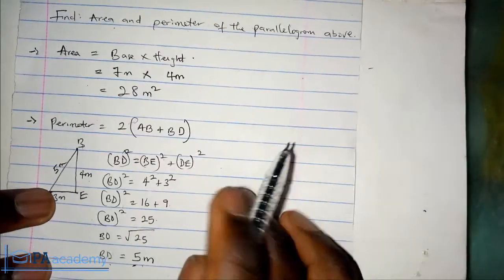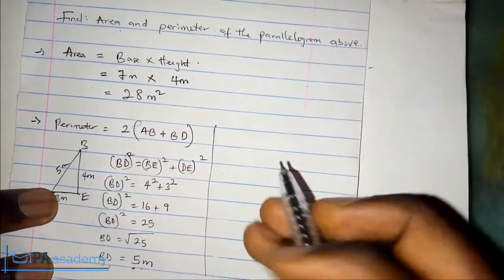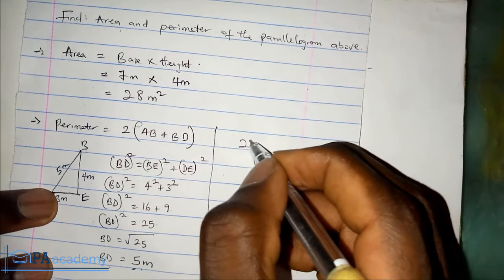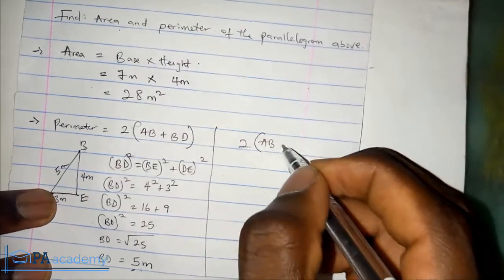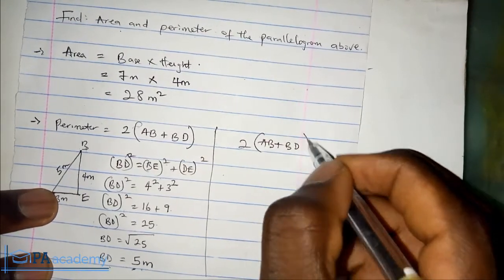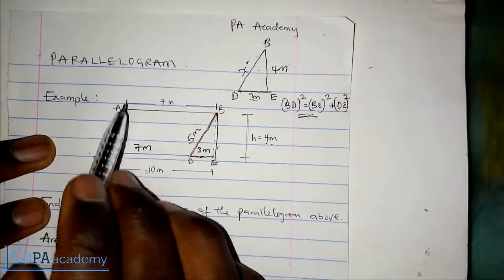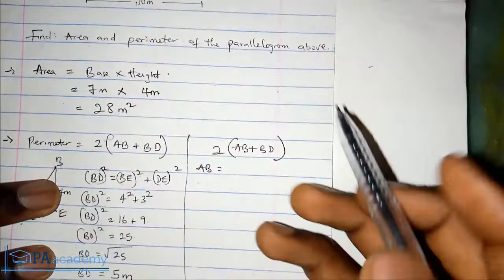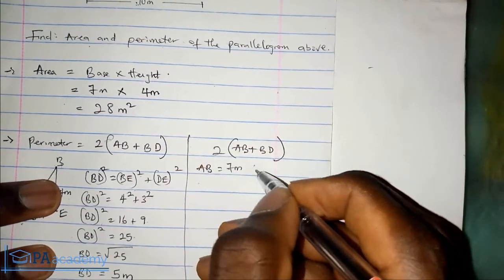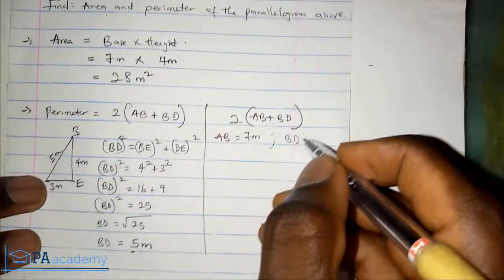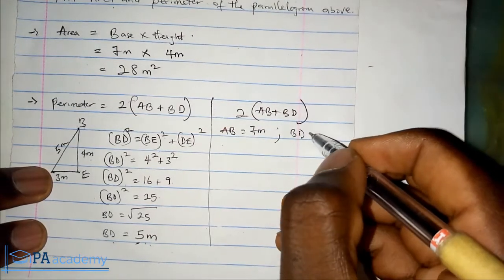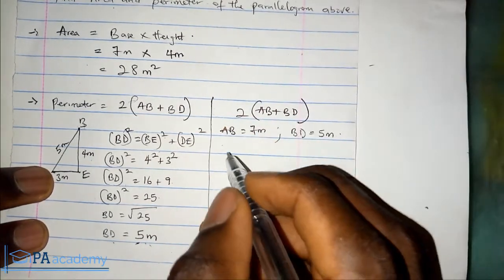Now let's apply the formula proper. So the perimeter is 2 into brackets AB plus BD. Our line AB is 7 meter, and our line BD, which we've just got in here, is 5 meter. So let's apply the formula.